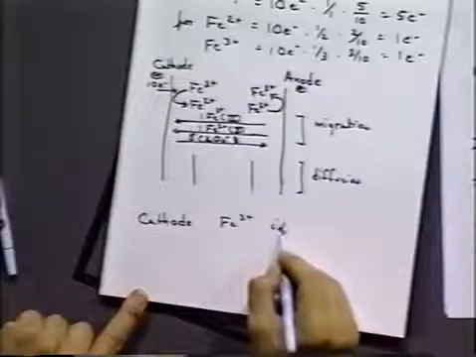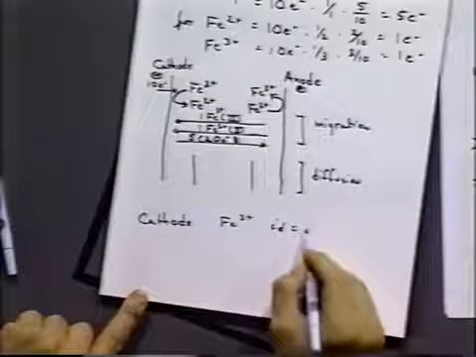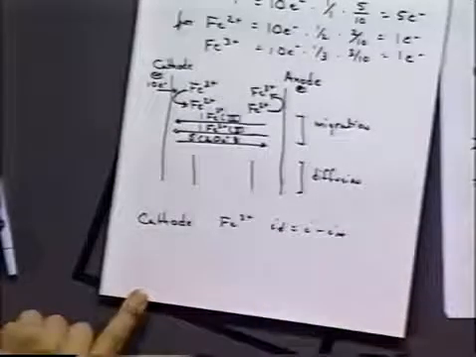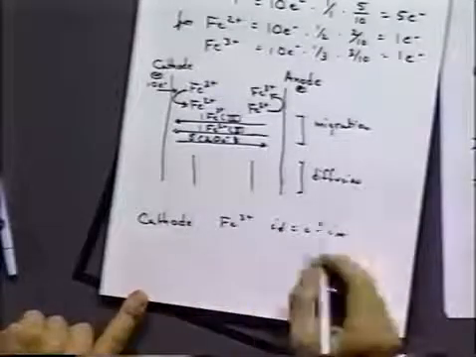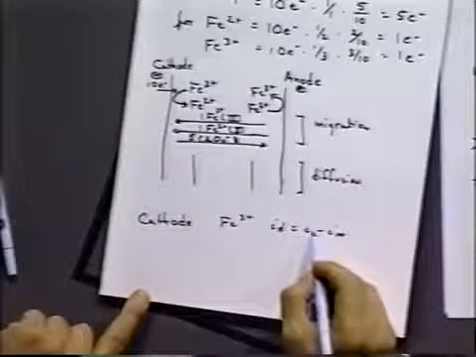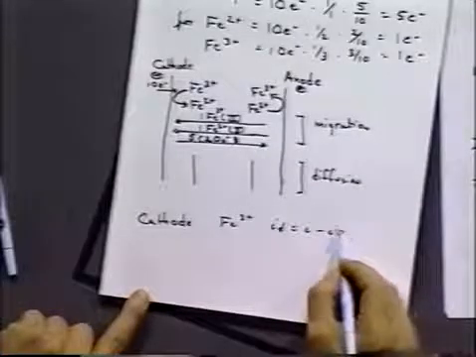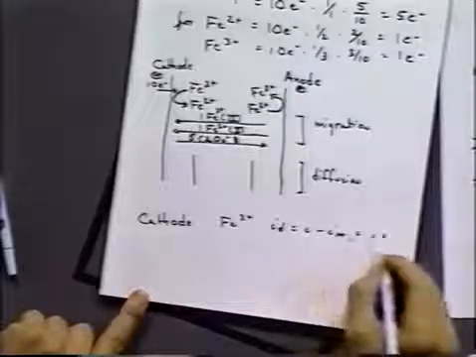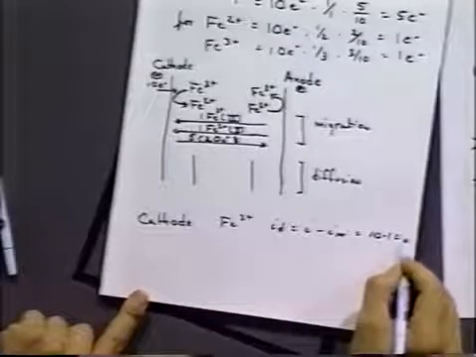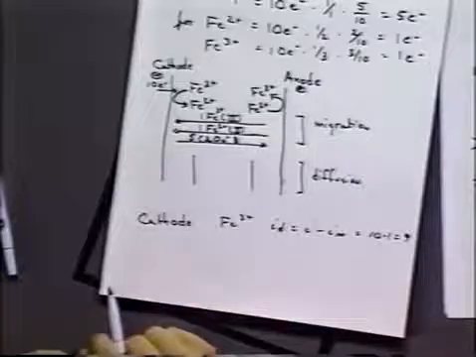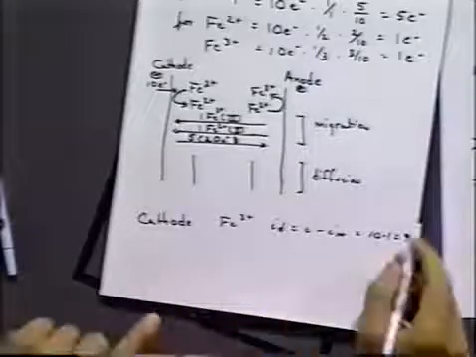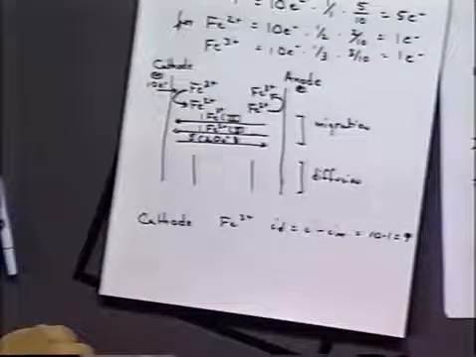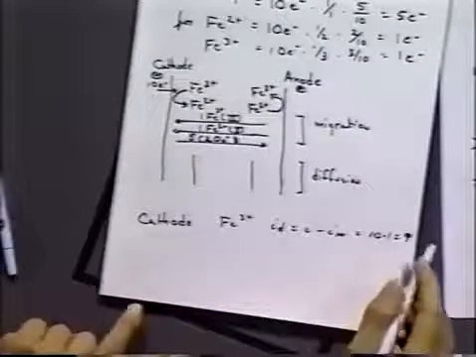And the diffusional part of the thing is the total amount of current minus the migration amount. And so since we have 10 electrons of current going in minus the migrational component, we see that the I sub D is equal to 10 minus 1, or 9 electrons being carried by that iron 3.